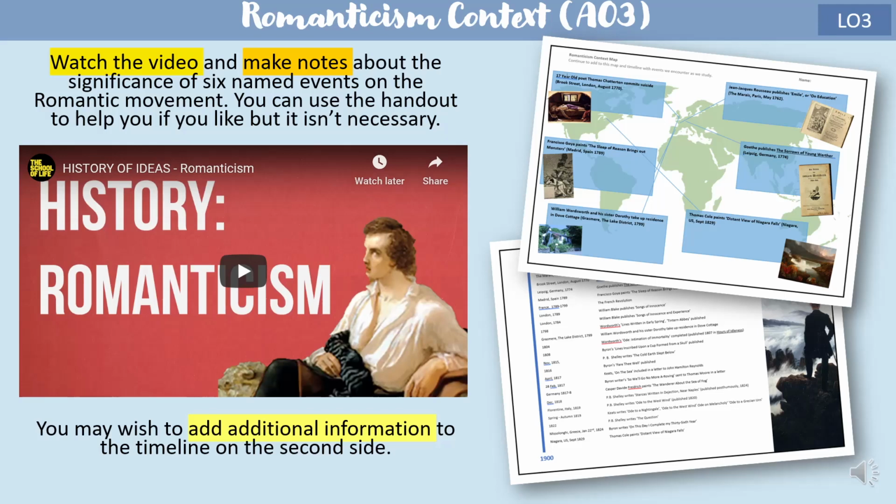You can use the handout that's provided in the resources for today, but it isn't necessary that you do. You might also want to add additional information to the timeline on the second side of the handout, or just create a large timeline list, so you've got plenty of room to add extra notes in.